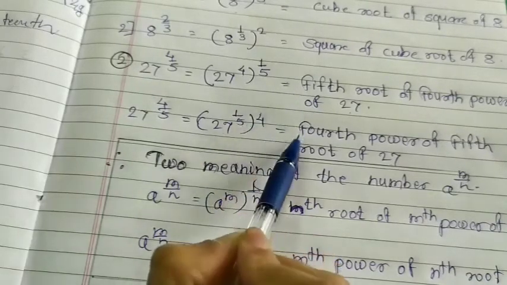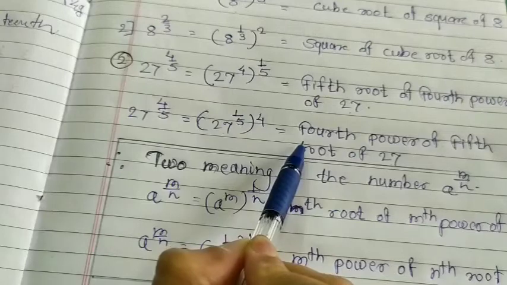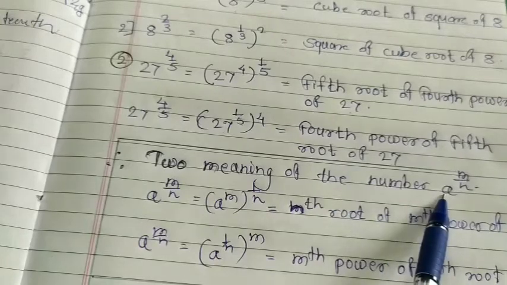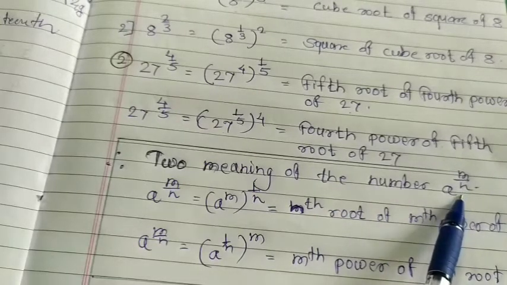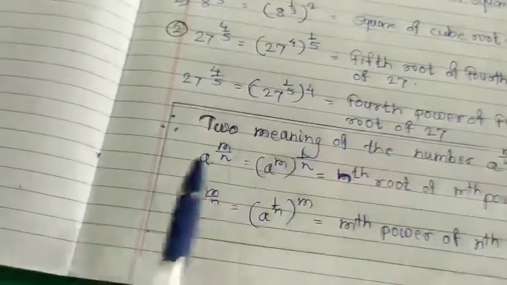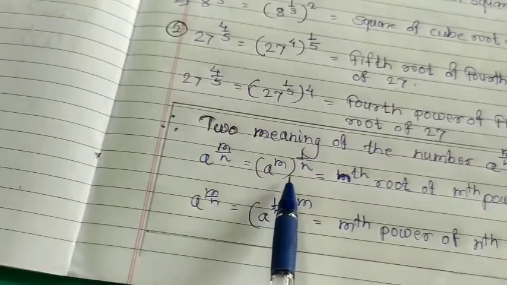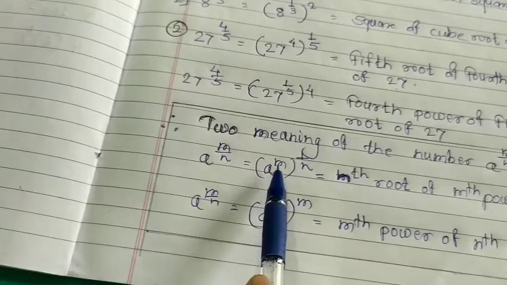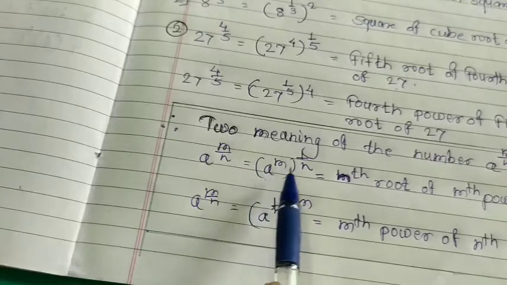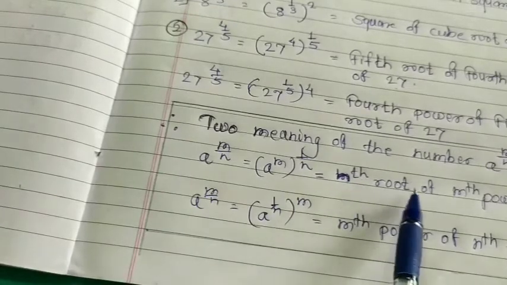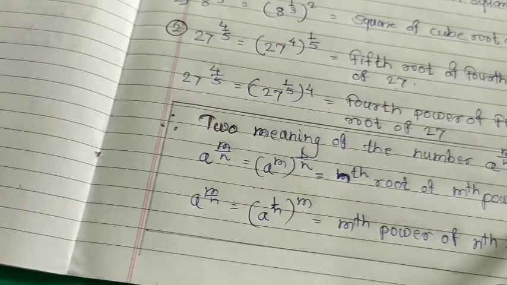So by these two methods we can write the number and also read the number. Two meanings of the number a raised to m upon n: by the first, using the law (a raised to m) raised to 1 upon n, we get the nth root of the mth power of a.